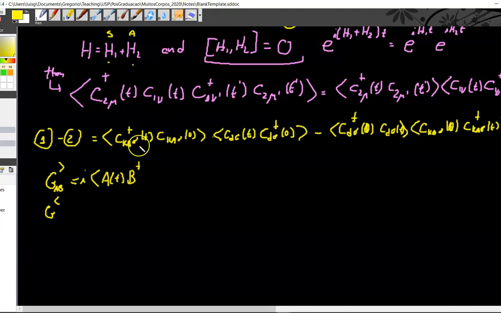But since here it is all diagonal, let's just put this: A is A dagger at 0.